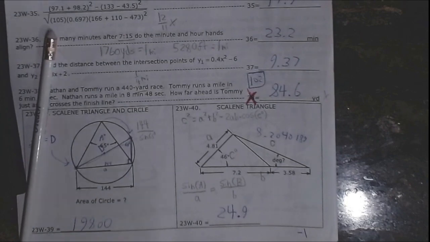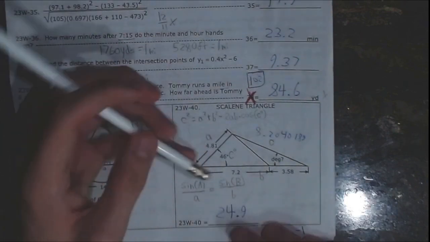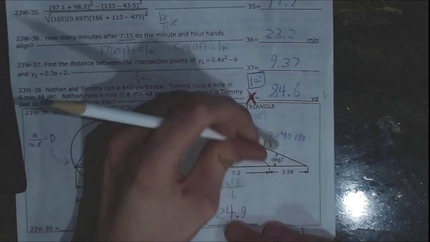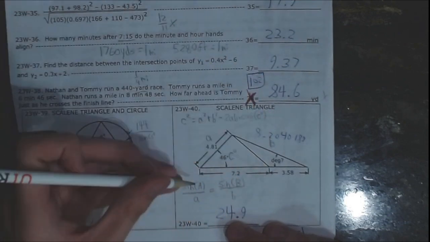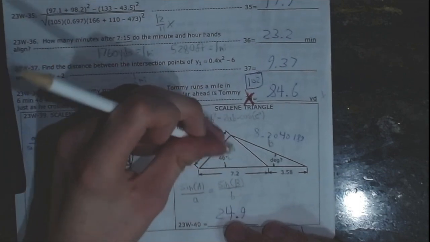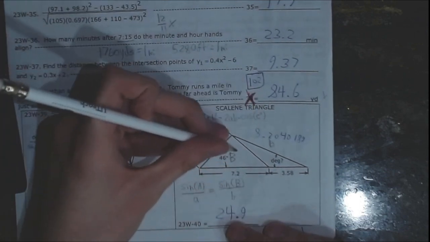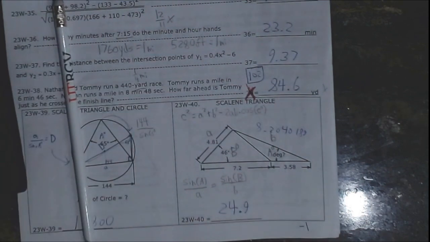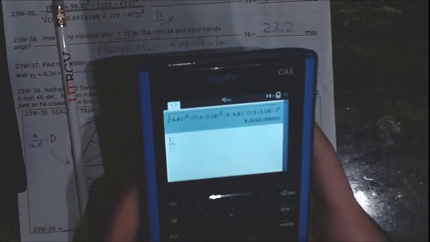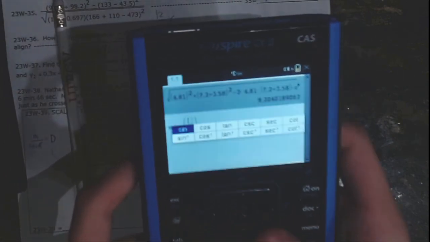And now I can use the law of sines. So I'll call this side here A and this side here B, meaning I would have angle B right here and angle A right here, and I'd be solving for angle A. So I can do an n-solve equation here.